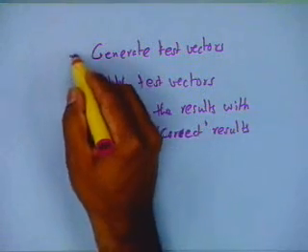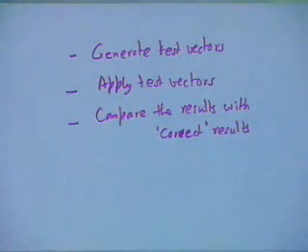So this is the pattern that we are following, 1, 2, 3, and we have to do this working with test patterns. But when we do this, you can see what the issues are here.